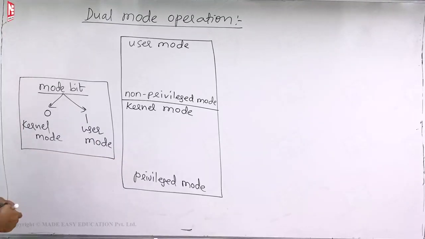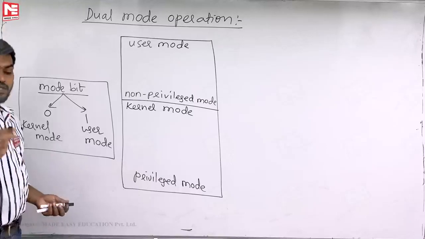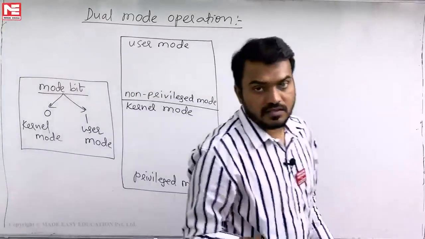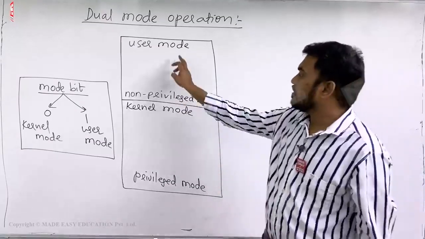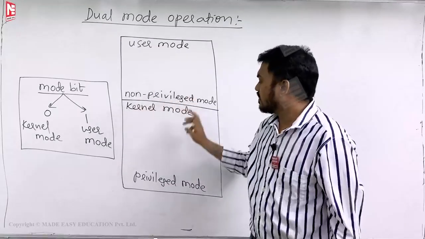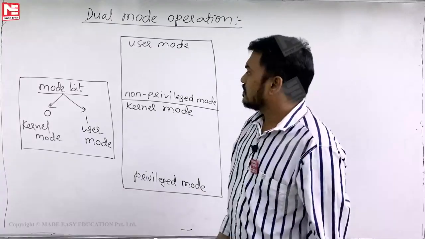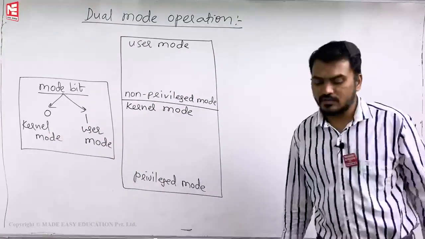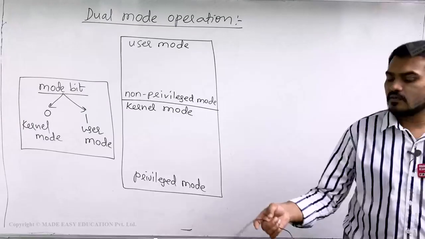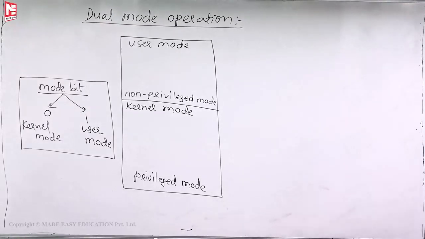So copy everything carefully. मैंने जो 4 पेज छोड़ने के लिए बोला था पहले, वहां पे अच्छे से लिखो. So keep the heading dual mode operation, user mode, kernel mode. It is also called non-privileged mode, and this is called privileged mode. So it's a mode bit here. It takes 0 or 1. 0 is the kernel mode, 1 is the user mode. I will explain all that, मैं पूरा समझाऊंगा. So please copy that carefully.